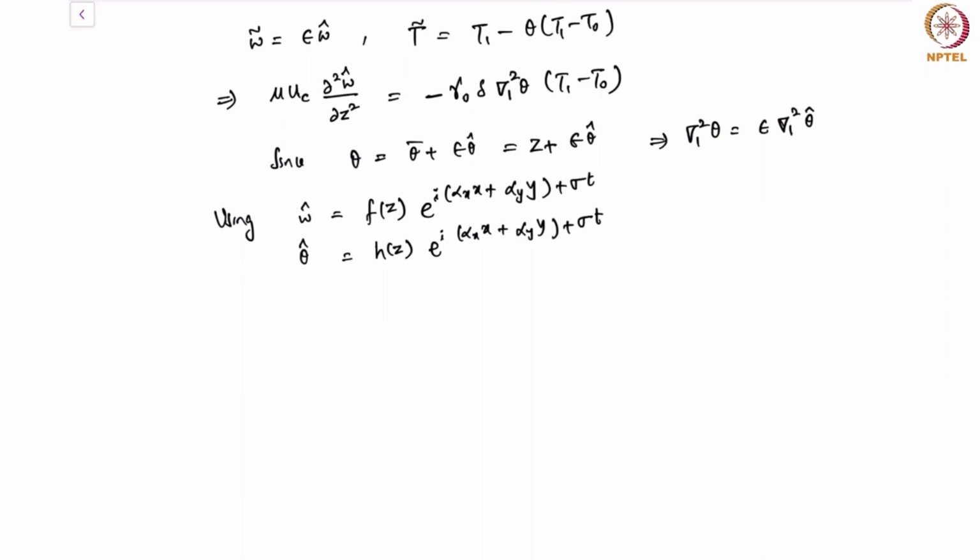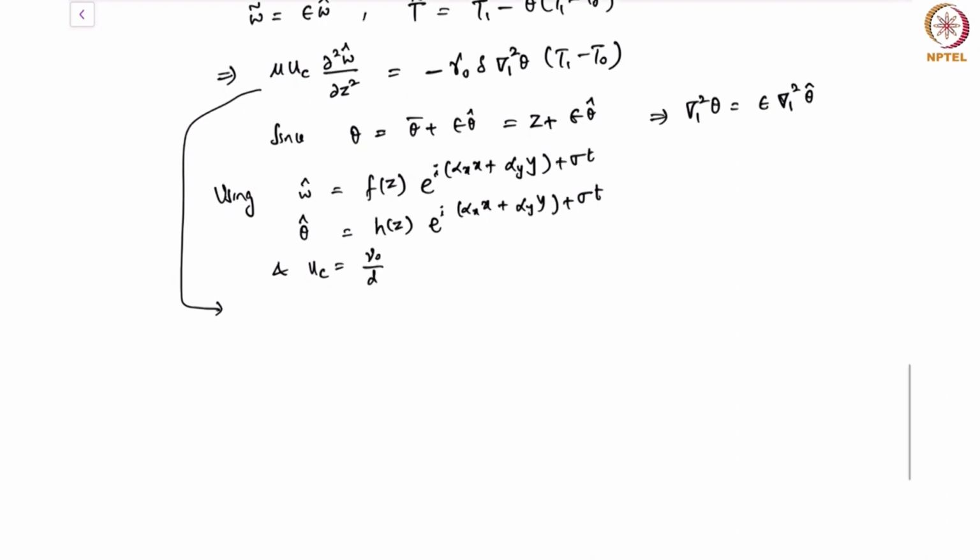And what we now have is, we want to substitute this, and uc will be nu naught by d.